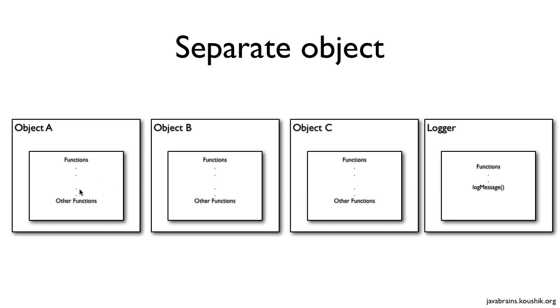Instead, whenever a log message needs to be called, it would reference this logger object and then do a logger object dot log message. It would either have a dependency, so it would create a new logger and then call the method, or this might be a static method and then it would call the method directly. It could also be a parent class, and then you could inherit the log message functionality into each of your objects that need this method.